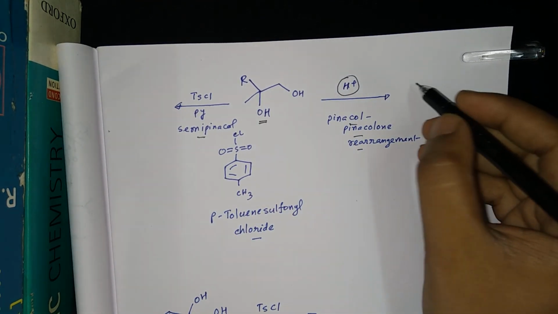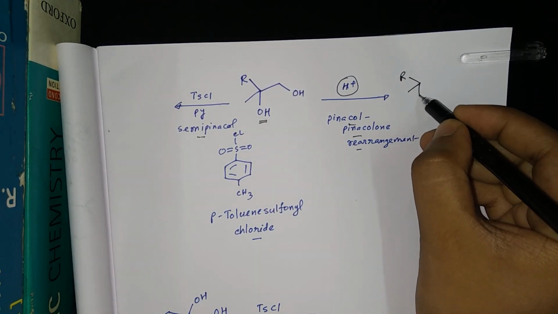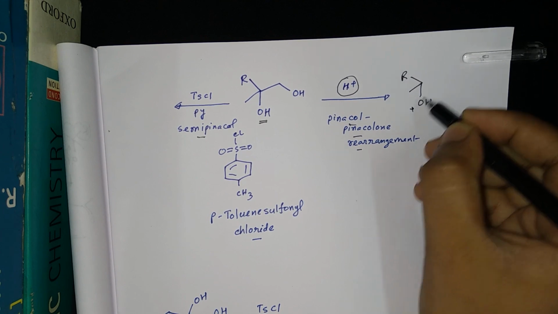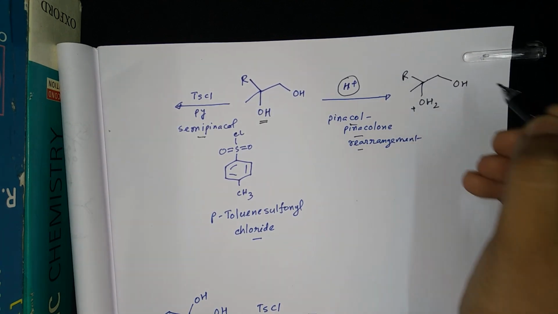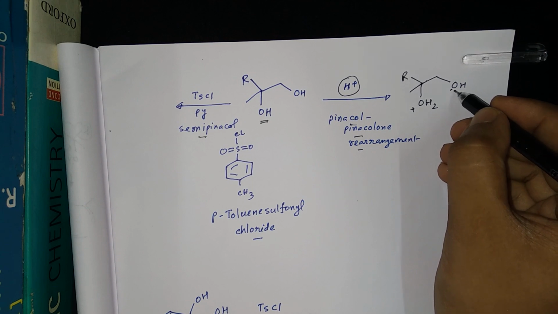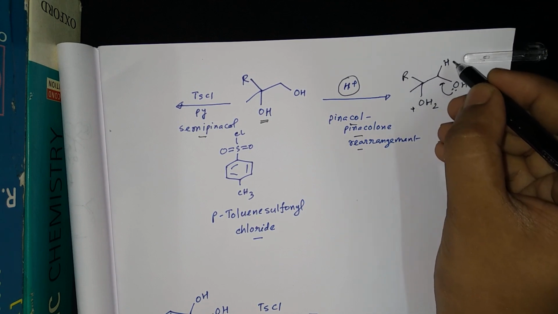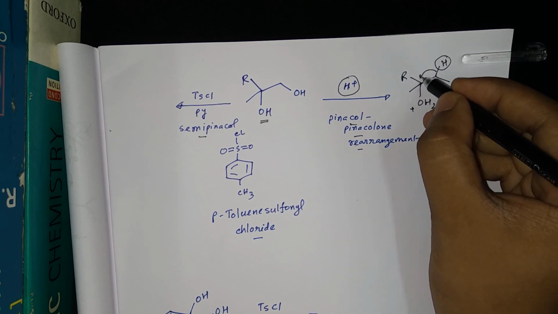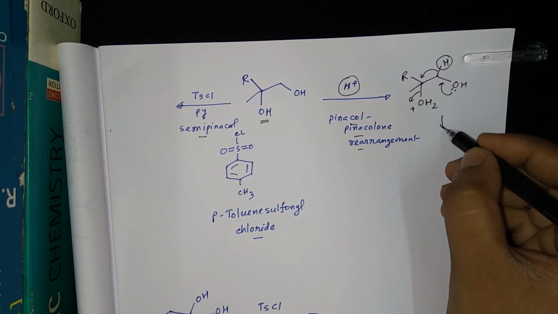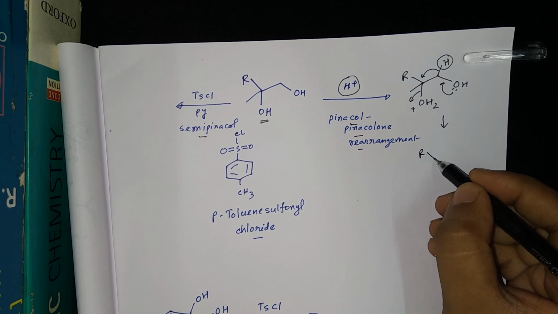So OH2 plus forms, and in the next step the lone pair comes and a group, suppose hydrogen, migrates here and H2O is removed, so we get an aldehyde as our product.